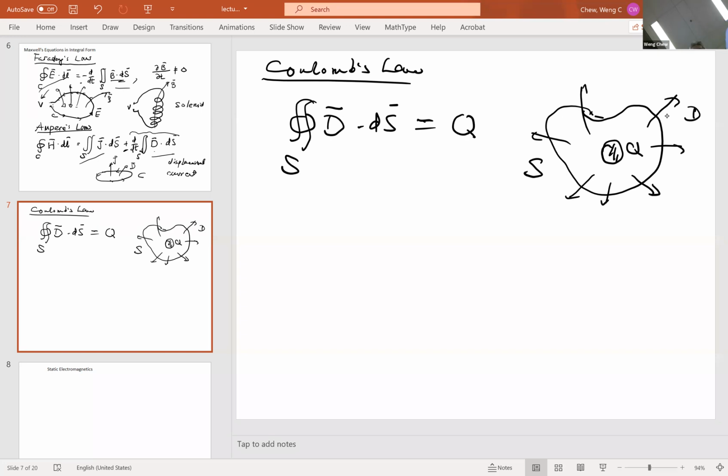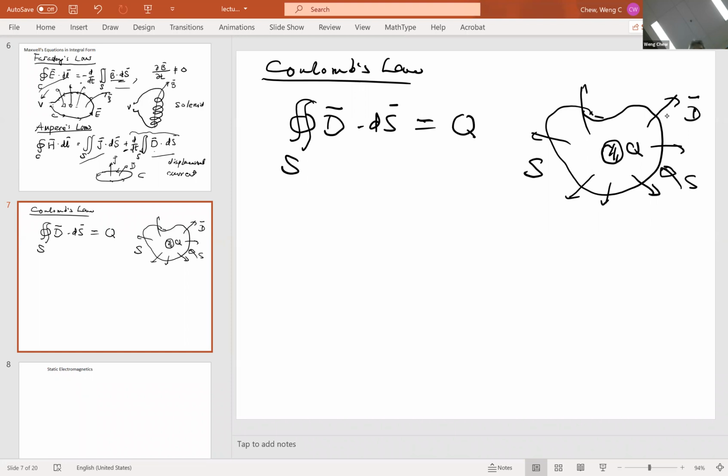And if you integrate that D over this surface S, you find that the integral gives you the total charge enclosed by the surface S. That is Coulomb's law.